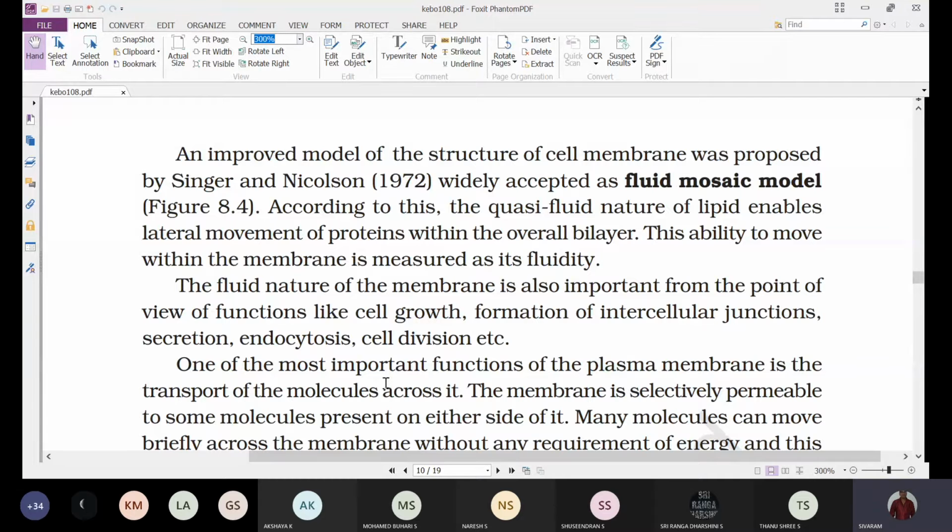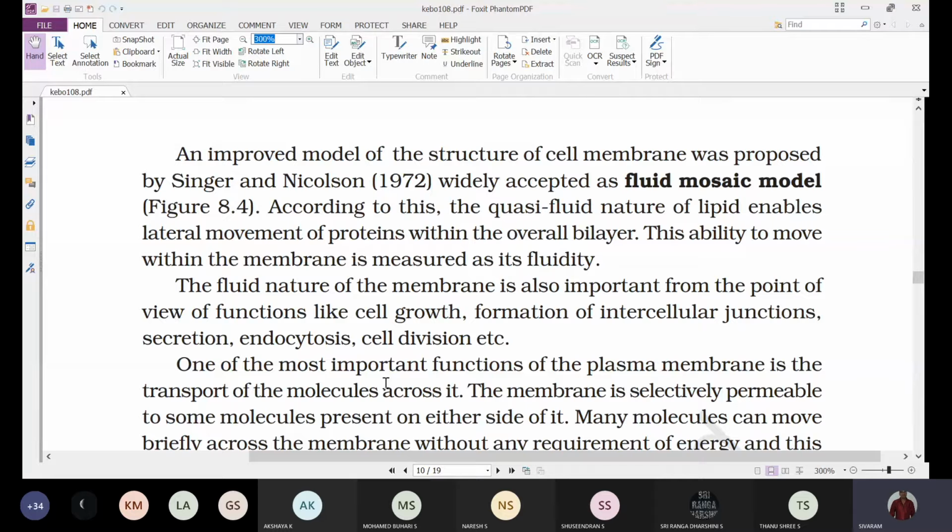When it has certain fluidity, that means this protein molecule present within the lipid layer is able to undergo movement within the membrane and transport the molecules from one side of the membrane to the other. So this movement of the protein molecule within the cell membrane explains the fluid nature of the cell membrane.